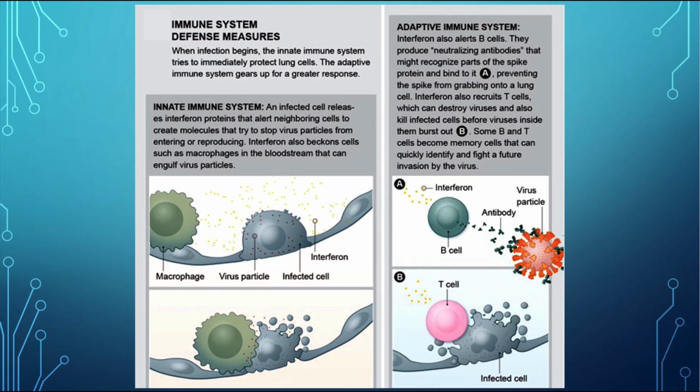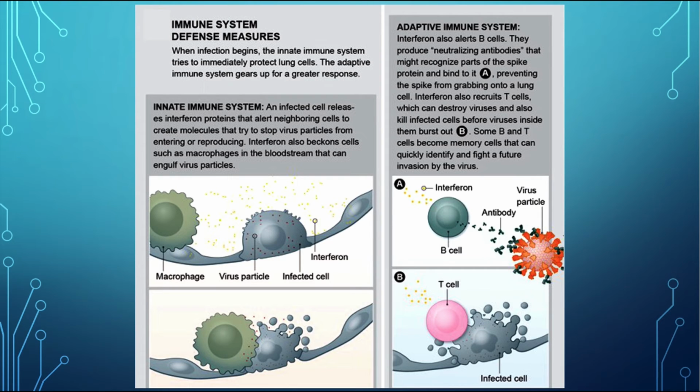In the diagram in the upper left quadrant, there is a cell infected by viruses. The cell is making the signal protein interferon, presented in yellow, that then recruits a variety of cells, one of which is a macrophage that recognizes the infected cell and proceeds to destroy it. The interferon also alerts cells of the adaptive immune system presented in the diagram on the right.